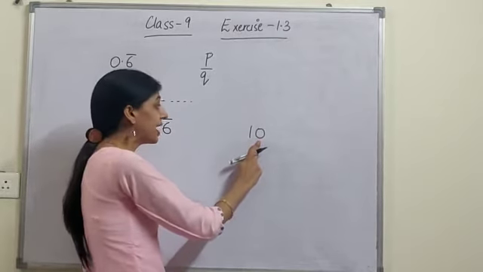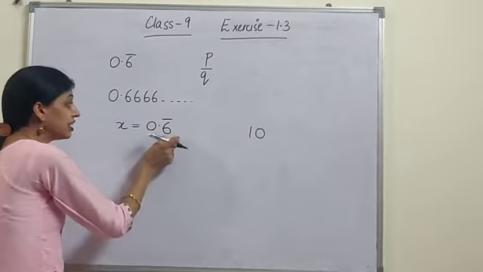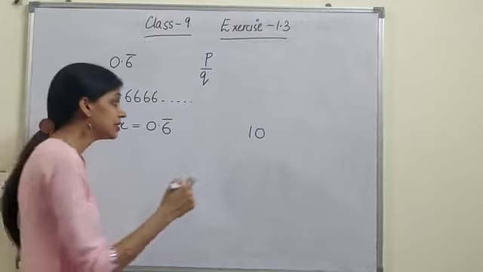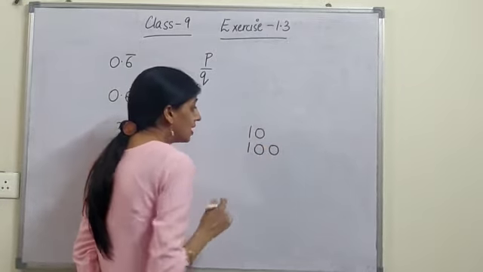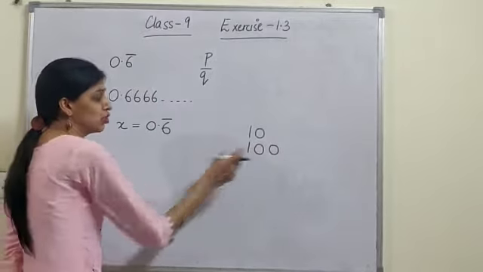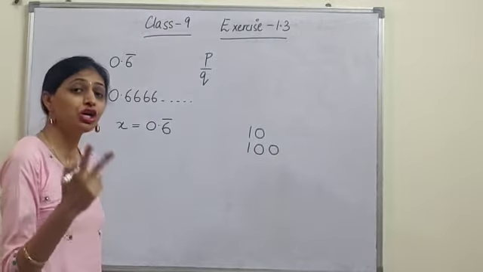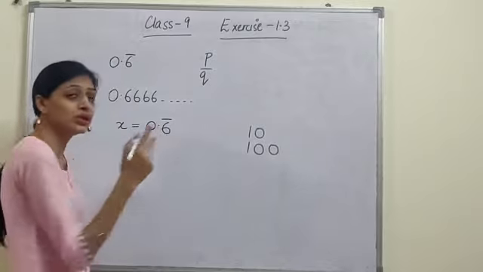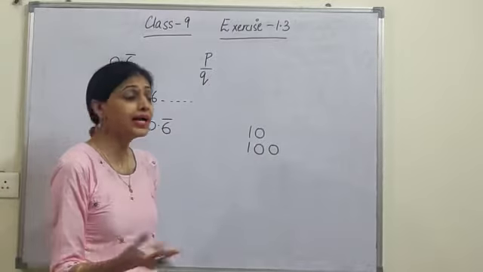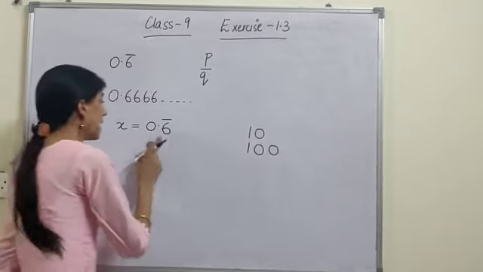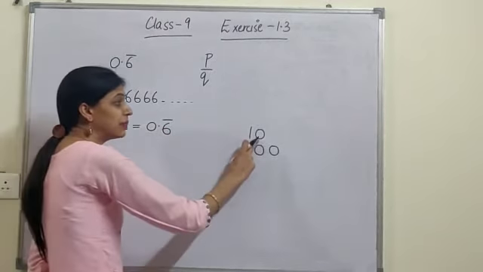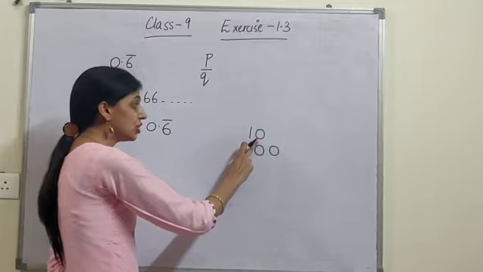If the bar is on two numbers, then it should be multiplied by 100. Two zeros. Bar on two digits, so multiply by 100 because 100 has two zeros. Bar on one digit, so multiply by 10, single zero.